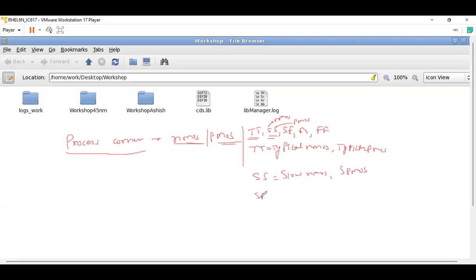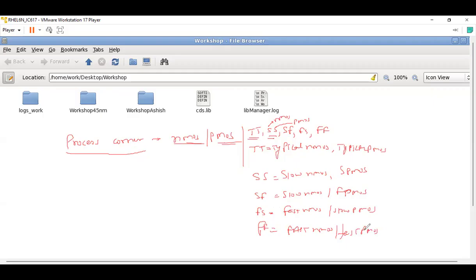SF means slow NMOS and fast PMOS. FS means fast NMOS and slow PMOS. Finally, FF means fast NMOS and fast PMOS.